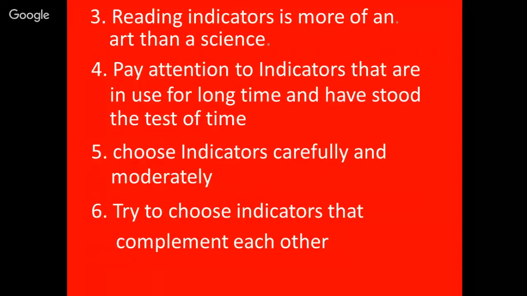For example, it would be redundant to use 2 indicators that are good for showing overbought and oversold levels, such as stochastics and relative strength index.